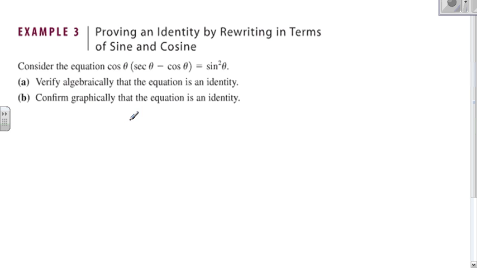So in order to confirm this graphically, you would just type the left side of the equation into your graphing calculator as y1, and the right side, sine squared of theta, just type that as y2. Graph them both and you should see that they are the exact same. So I'll leave that to you. But for part A, algebraically we can work it out.